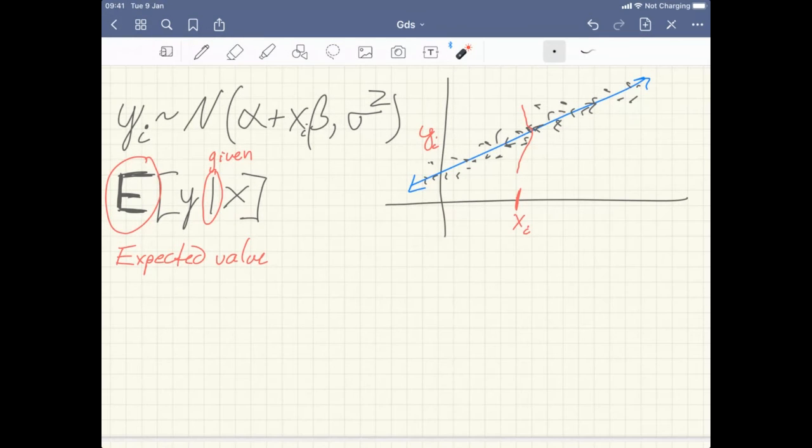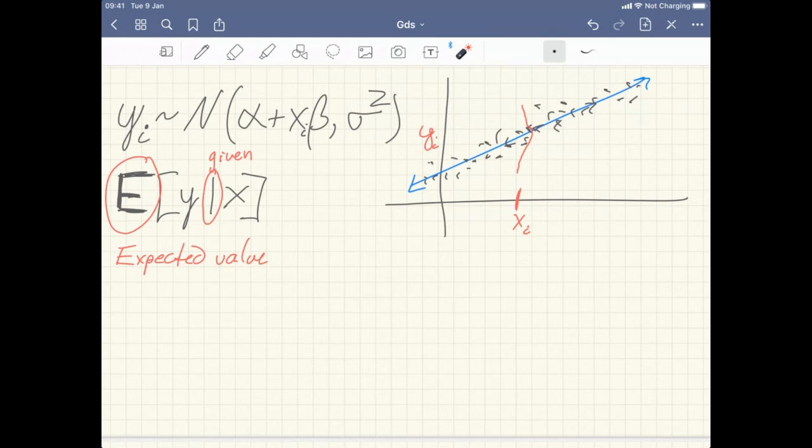The expected value of y given that we've seen x is alpha plus x beta. And there's some noise around that. It's a distribution, so the noise is sigma squared. The variance of that expectation is sigma squared. It's the uncertainty in that prediction.